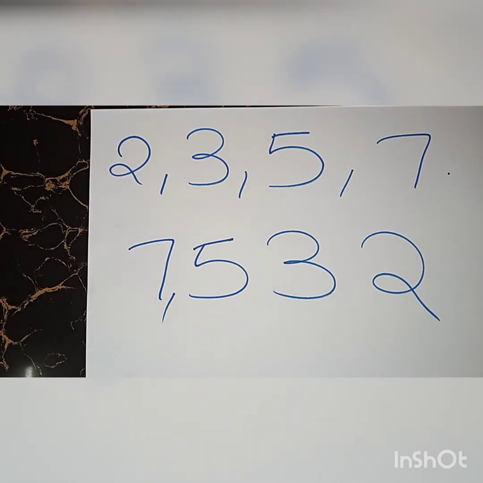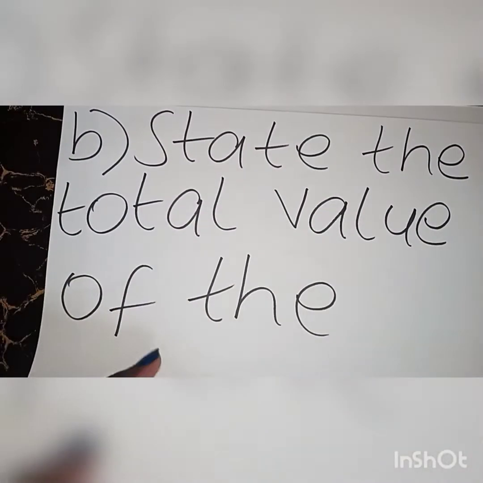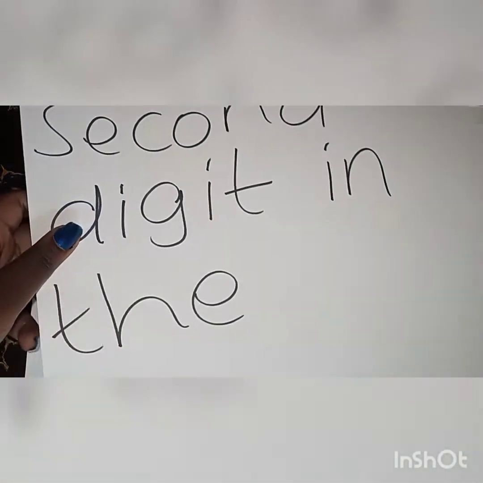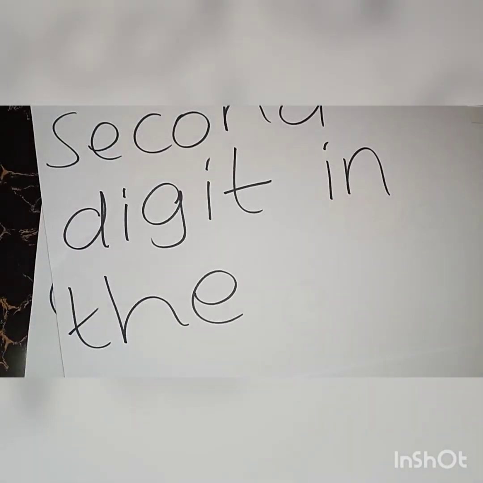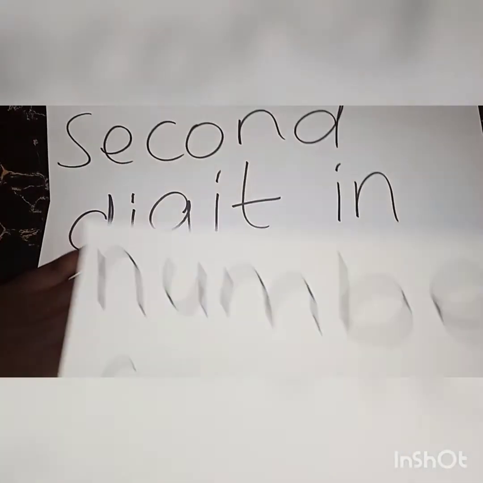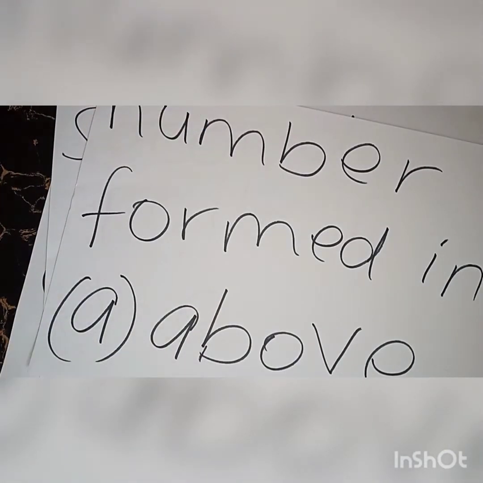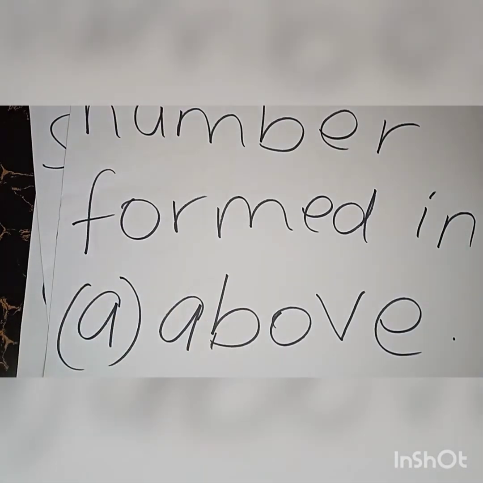The second part, B, asks, state the total value of the second digit in the number formed in A above. Okay? So here we talked about the total value. We talked about the total value of whole numbers some time back.